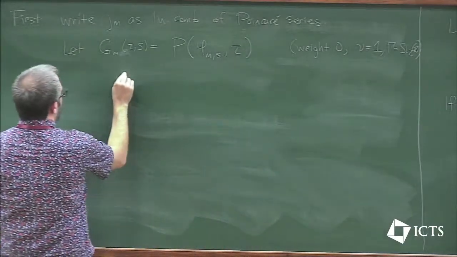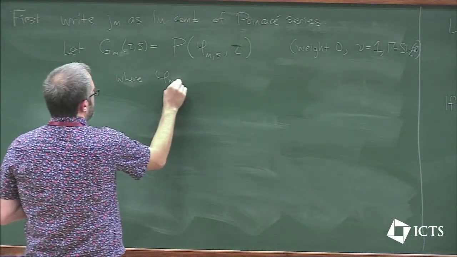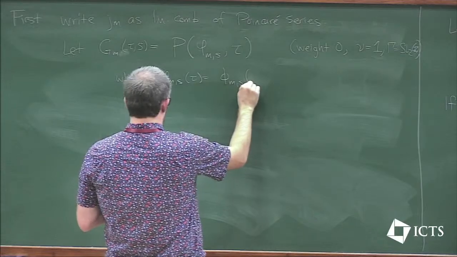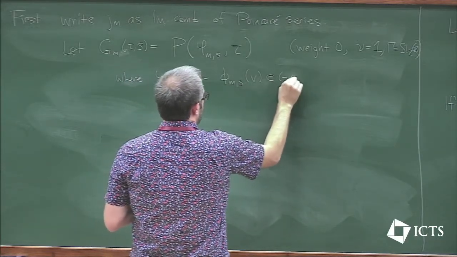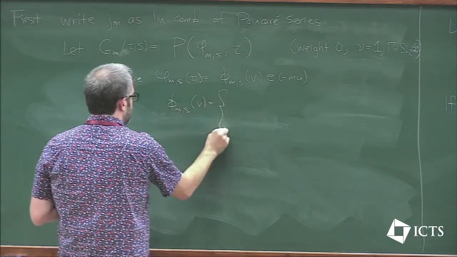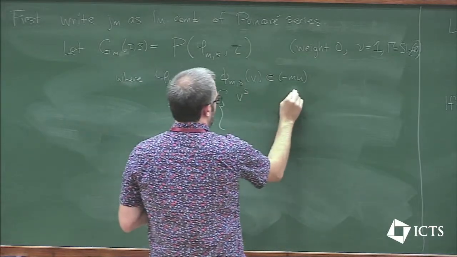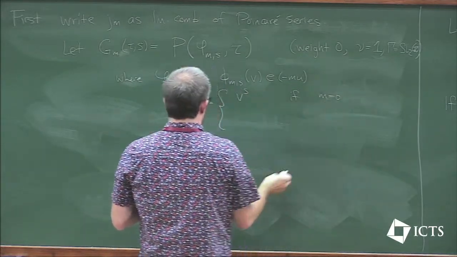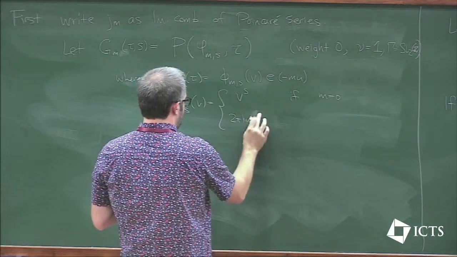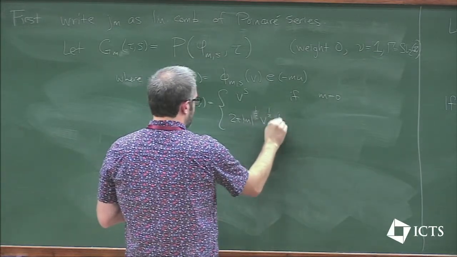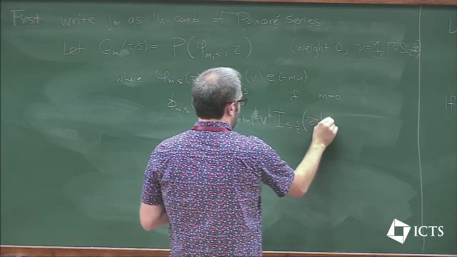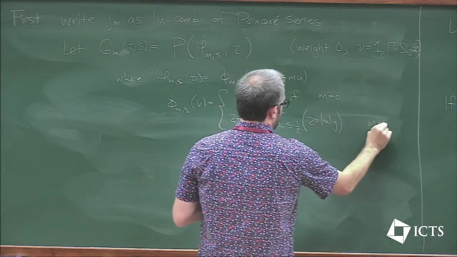Okay, where phi_{m,s}(tau) is going to be a different phi_{m,s}(v) times e(-mu), and phi_{m,s}(v) is either v^s if m is 0, or it's much more complicated: 2 pi |m| to the s, to the 1/2, v^(1/2), I-Bessel function of s minus 1/2 of 2 pi |m| y, if m is not equal to 0.